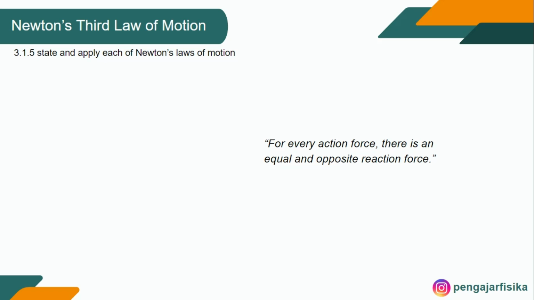This means if you push on something, it pushes back with the same force in the opposite direction. In mathematical expression, we may write F action equals negative F reaction. It shows that the magnitudes of F action and F reaction are the same. However, the direction is different because F action is positive here and F reaction is negative.